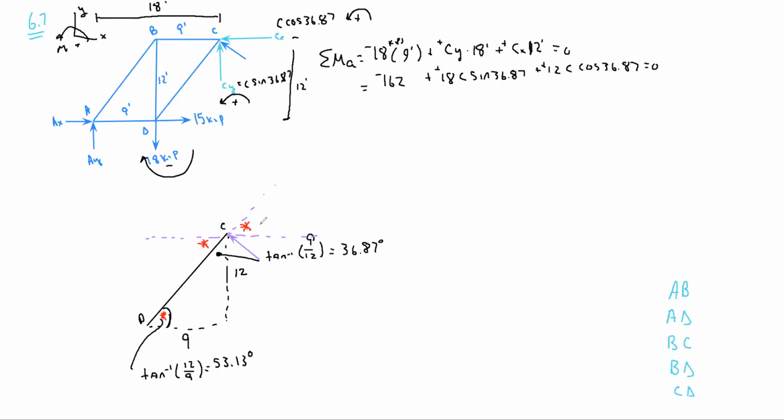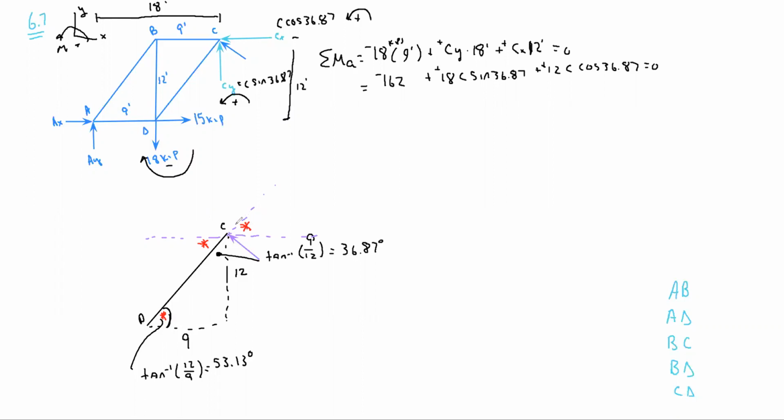So if you need to pause the video to visualize and work that out, you can. I'll pause for a second while you do that. Okay, I've unpaused. Welcome back.